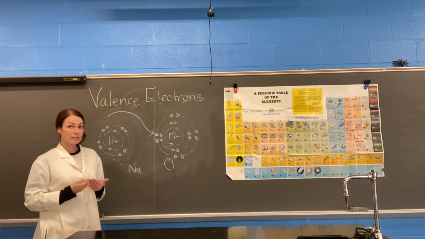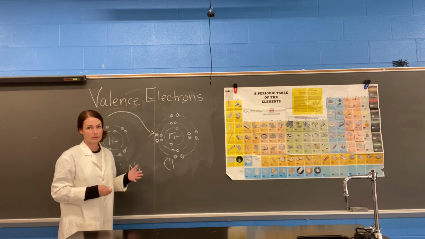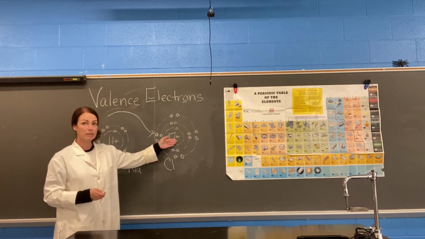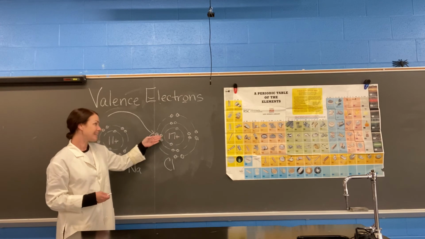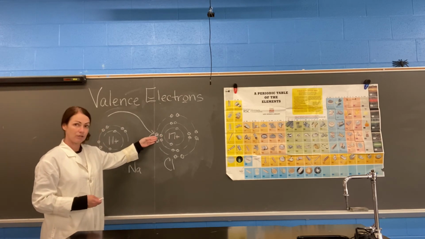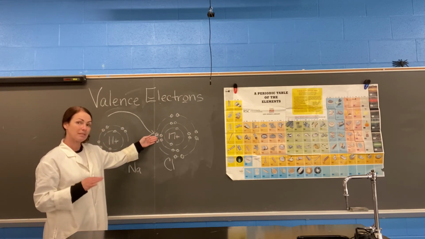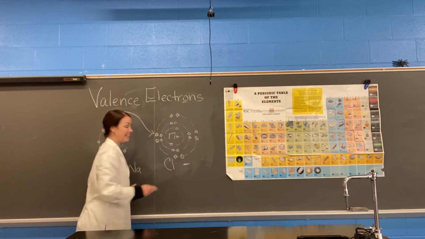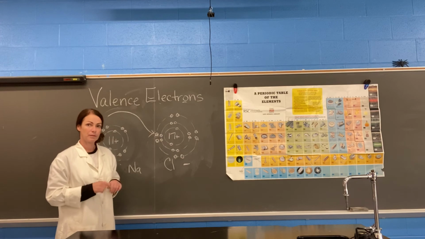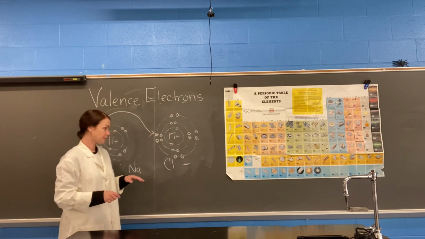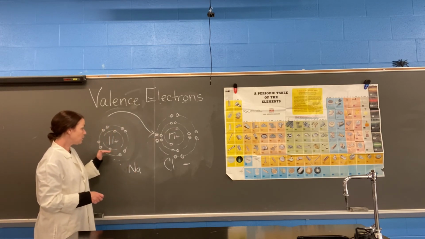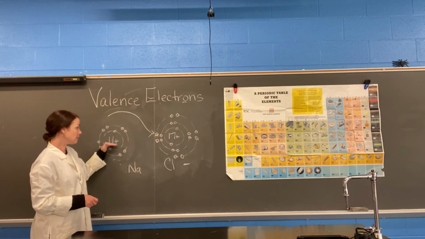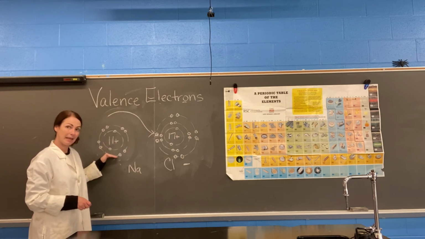Now, this causes us a problem. These are no longer atoms. It has 17 positive charges, but it has gained a negative charge. So it's slightly negative. So chlorine becomes a negatively charged particle. Atoms are neutral. When we look at sodium, it has 11 positive charges and 10 negatives.